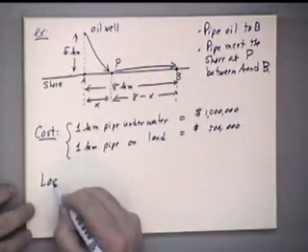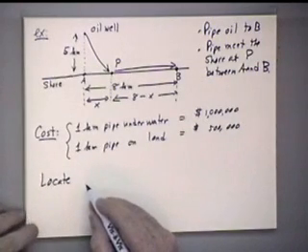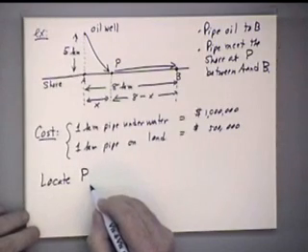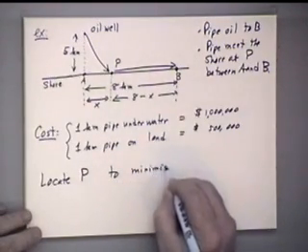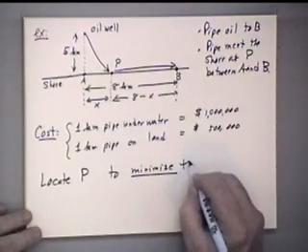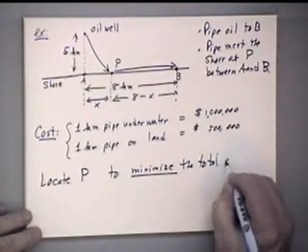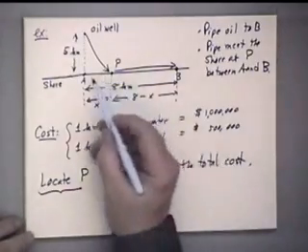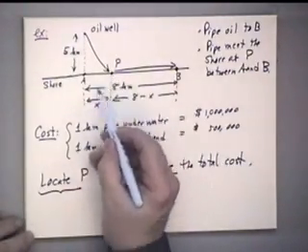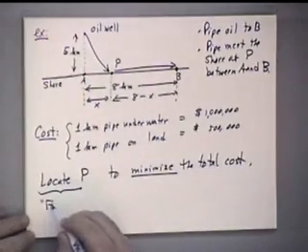So what we want to do here, as a practical maximization problem, or minimization problem in this case, is locate the point P in order to minimize the total cost of running this pipeline. And of course, locate P in this case means, since P is here at a distance x away from A, to find x.